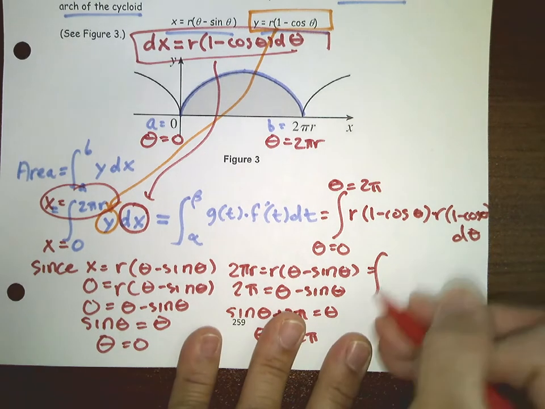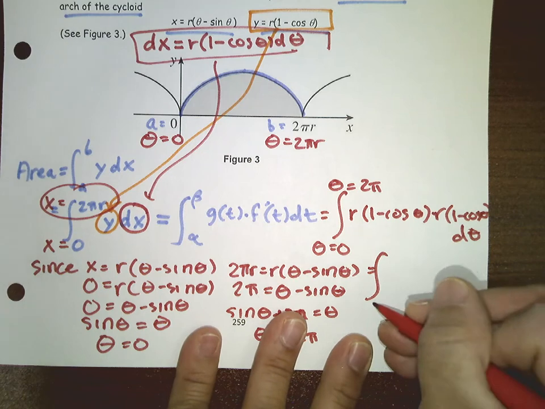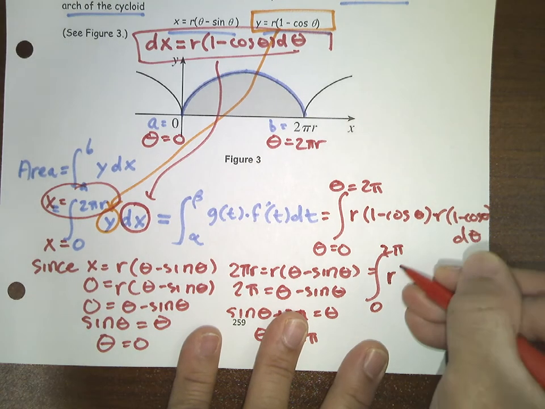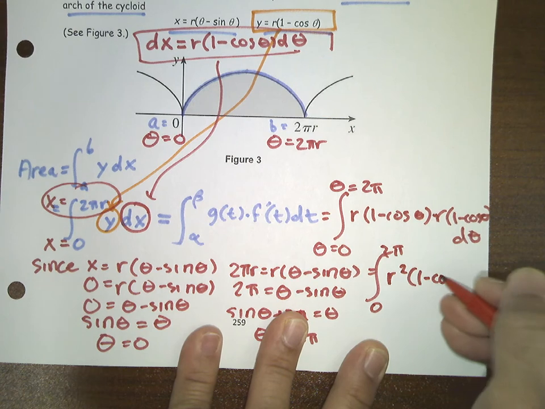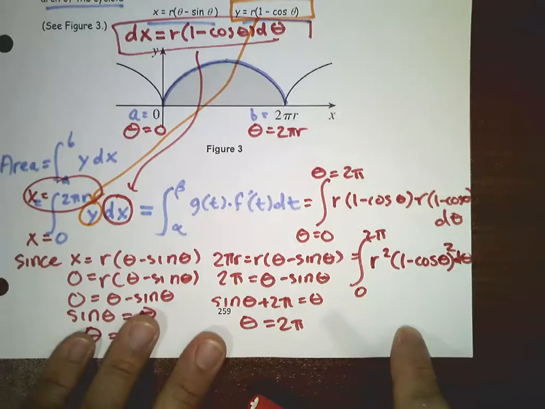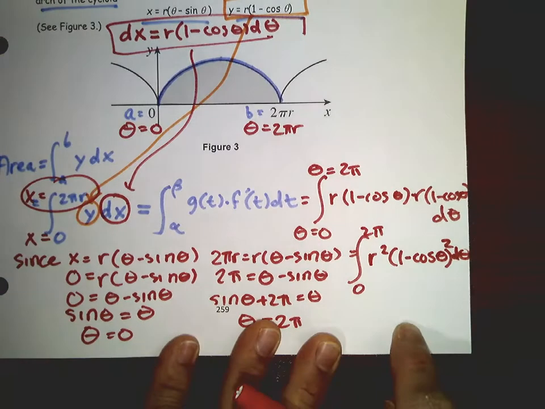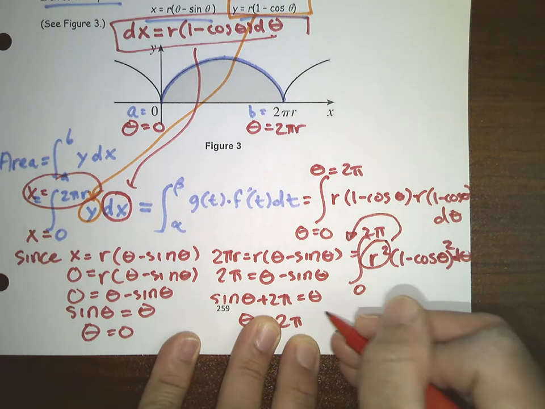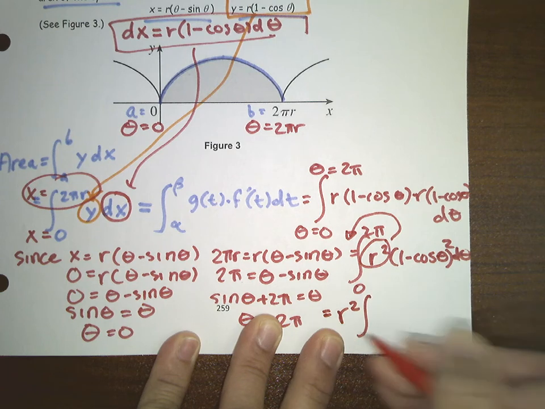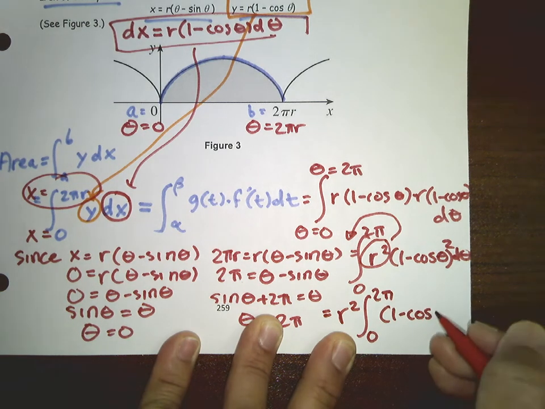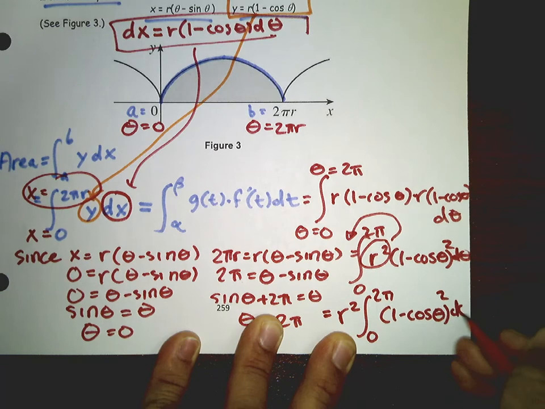So then if I simplify this here, I have integral from 0 to 2 pi, and r times r, so r squared, times 1 minus cosine of theta squared d theta. And then because the r squared is a constant, I'm going to bring it in front of the integral. So I have r squared integral from 0 to 2 pi of 1 minus cosine of theta squared d theta.